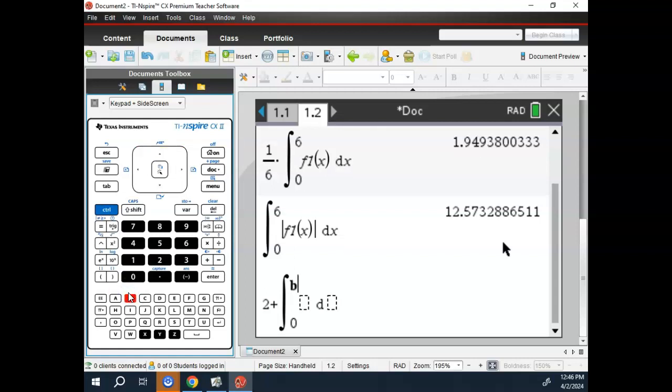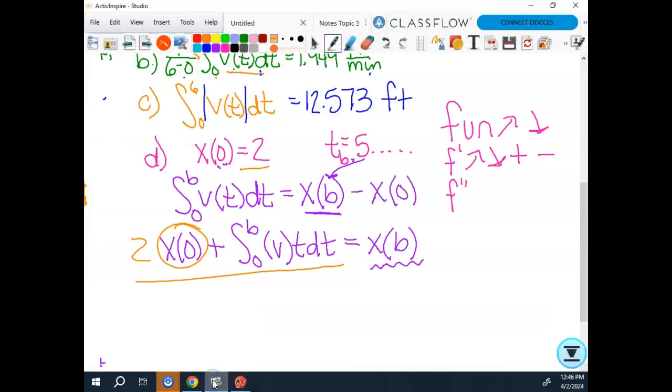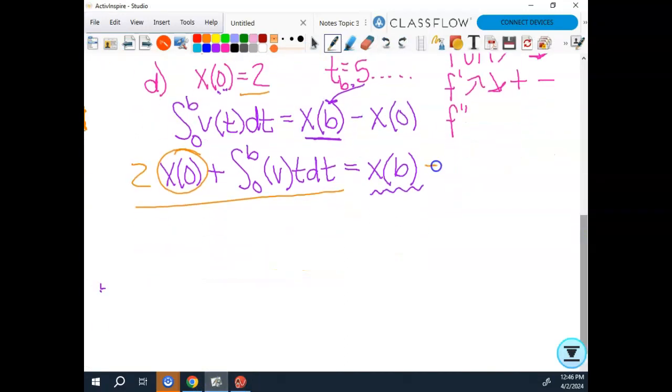But put B there because I'm not typing in 5 point whatever. And then what am I integrating on my calculator? F1 of x dx. That's my position. Okay, so my position at that time is 14.134.